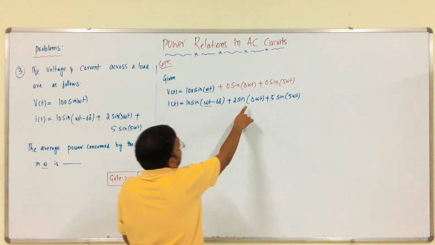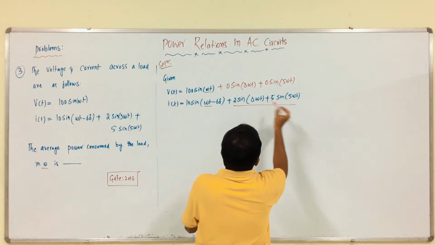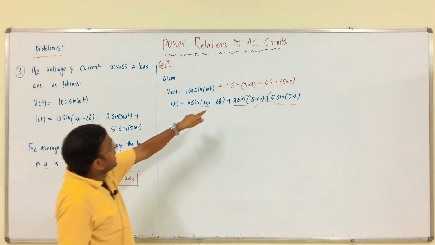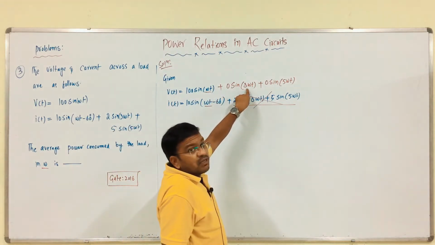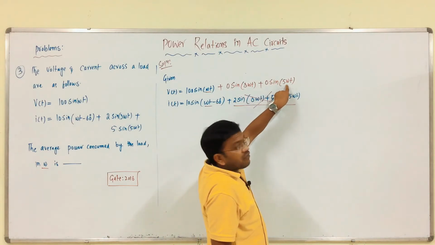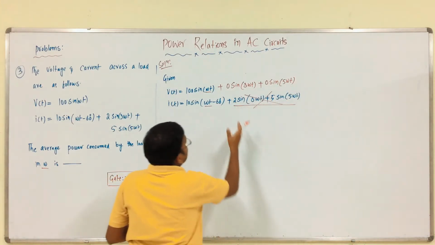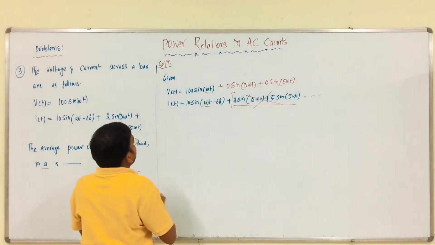Because there are no given terms in the voltage for 3 times and 5 times the frequency, we do not need to consider these terms.